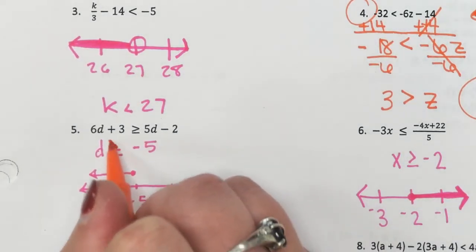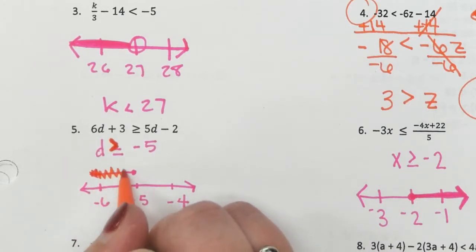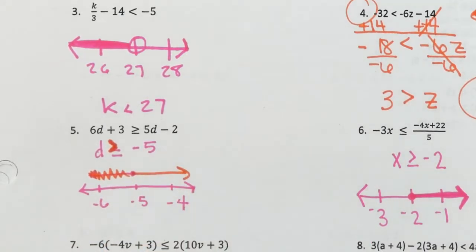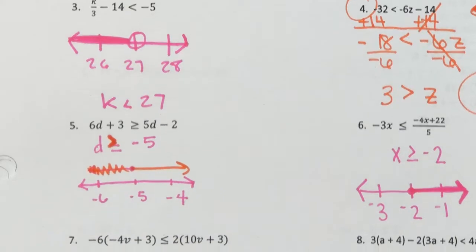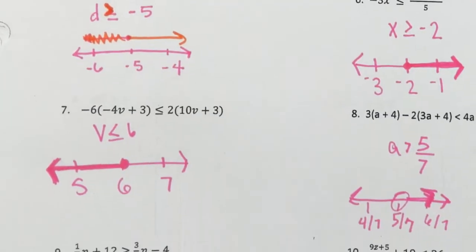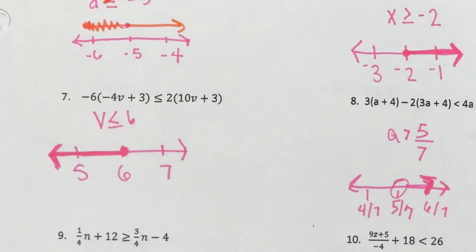It's supposed to be this way. Like that. There we go. Sorry about that. All right, there's 7 and 8.